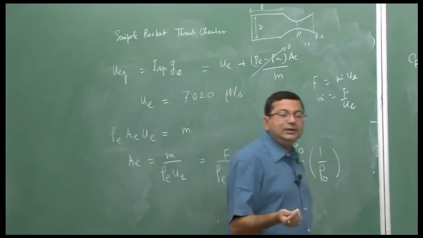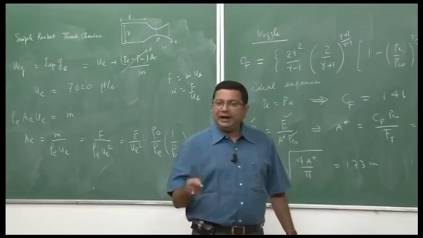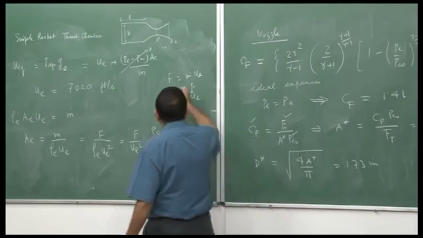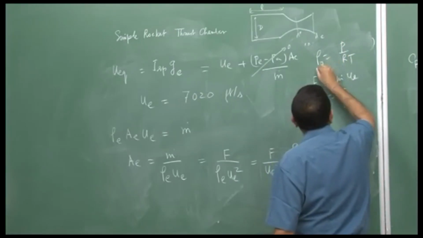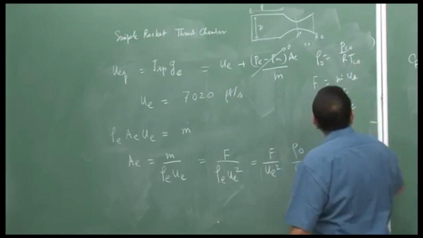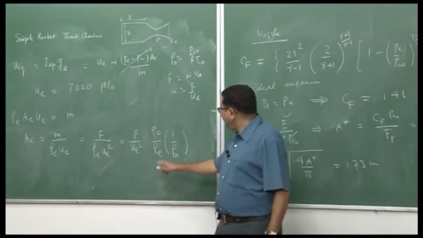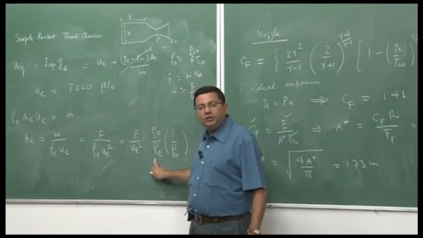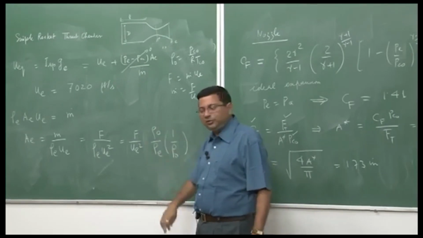Since we are considering the gases to be perfect gas, rho equal to P by RT, right. So, for perfect gas, rho equal to P by RT. So, rho naught equal to P C naught upon R T C naught. So, I can put it here, and rho e by rho naught can be given in terms of pressure ratio, because it is an isentropic process.